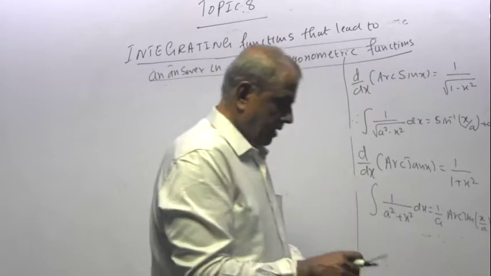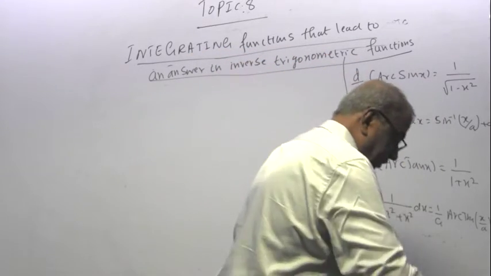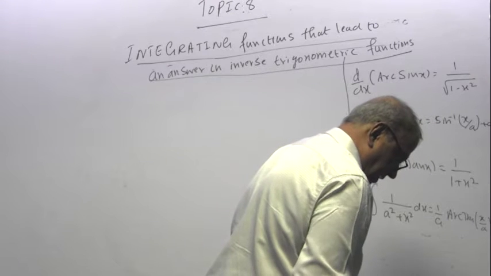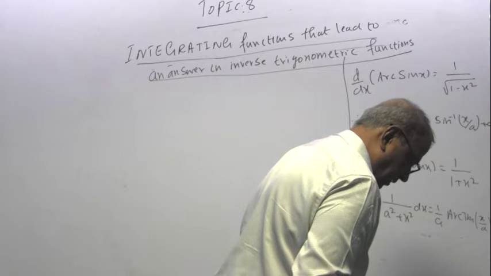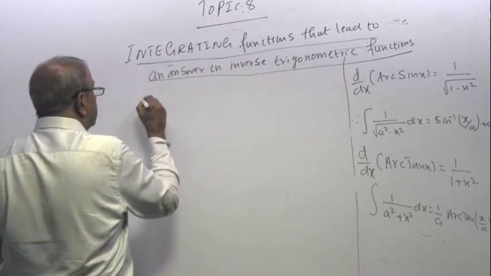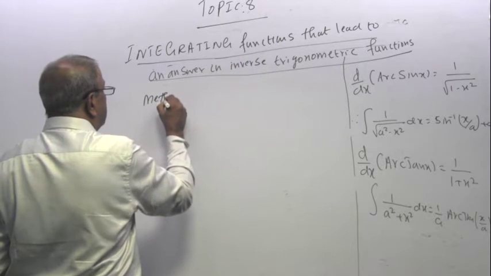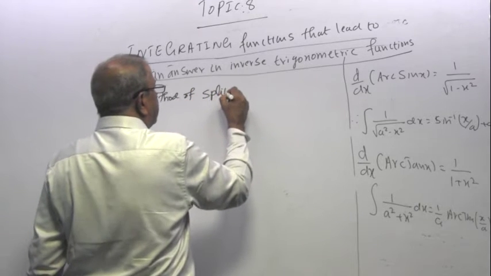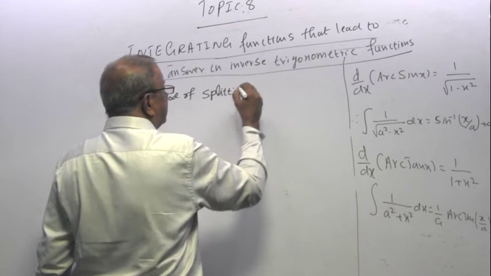Now, last lesson I did how to use this formula, and I also taught you how to complete the square. I want to now do the method of splitting the numerator. They may not say this in the exam.